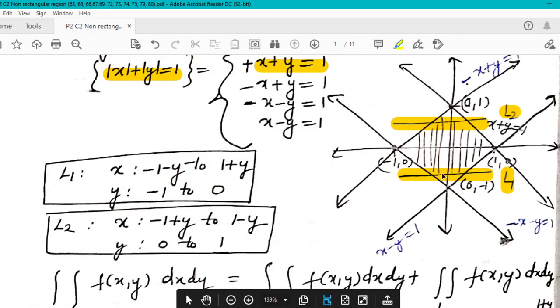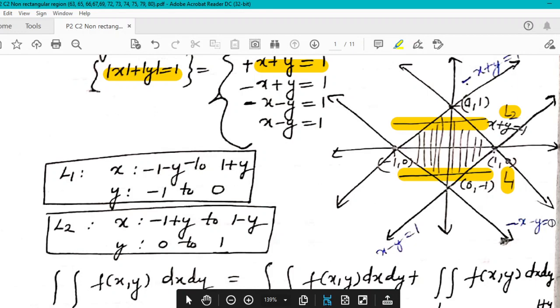Now first we'll be considering L1. By closely observing L1, we'll be finding the limits of x and y. We can see that this line L1 touches the lower region at this point. And at this point, what is the value of x? We know that it is a point of this equation.